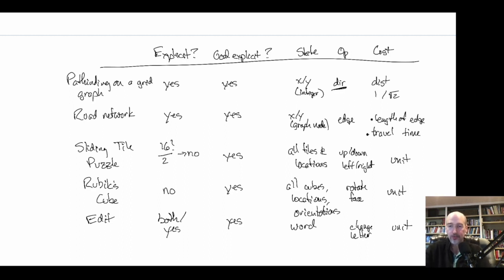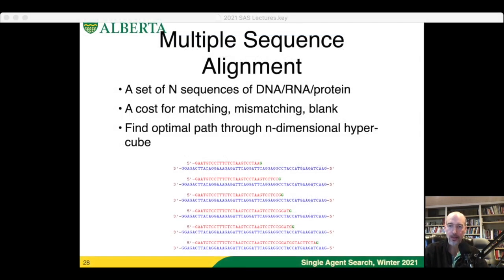So there's other problems. Again, if we think about having multiple DNA between different creatures in the world, like a mouse versus human DNA, we might want to compare the DNA or RNA or look at a protein and say, how close are they to each other? So we could look at this problem. We have some sequences here, and we're asking, how close are two sequences to each other?